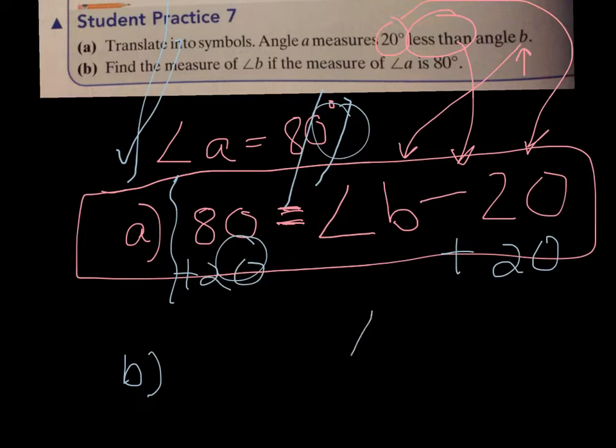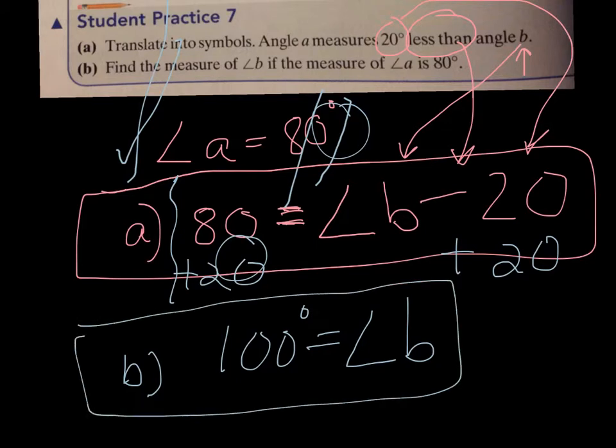So that gets angle B all by itself, and 80 plus 20 equals 100. And that is your answer to letter B. So there's an example of a less than, which your number 9 and your number 10 are less than type problems. So don't forget to flip. Now in this one, we did turn out to have a supplementary angle.